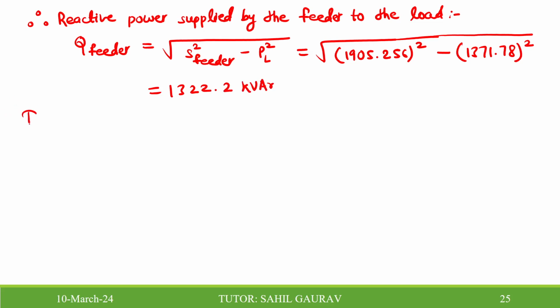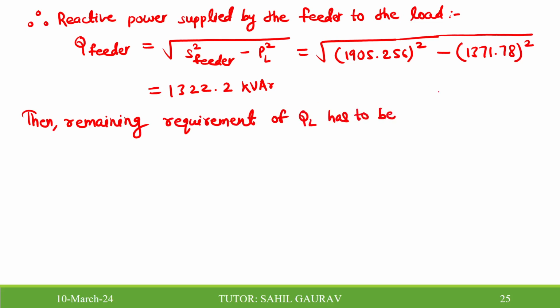Now this reactive power flowing from the feeder we have found. Therefore, the remaining amount of reactive power will come from the capacitor bank. So the remaining requirement of QL has to be supplied by the capacitor bank.